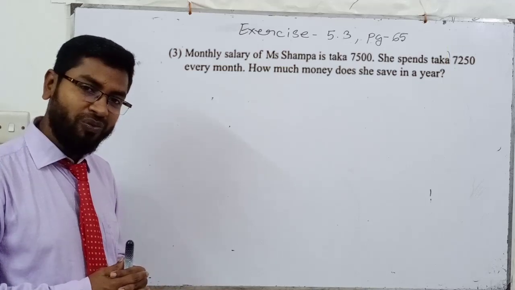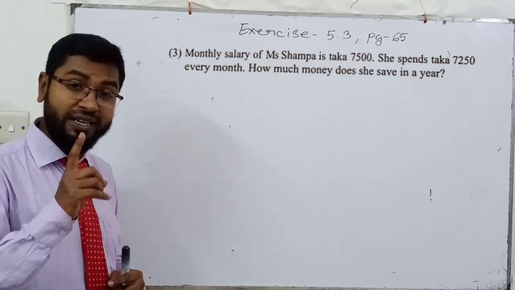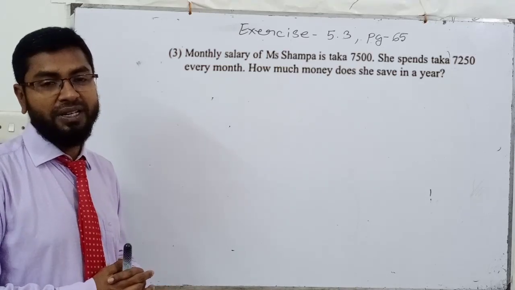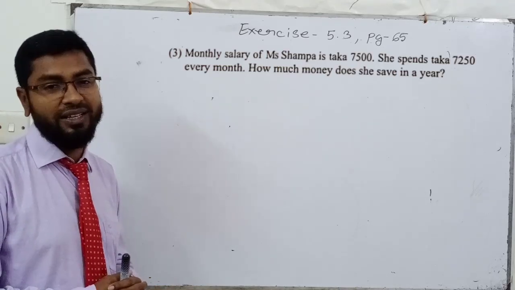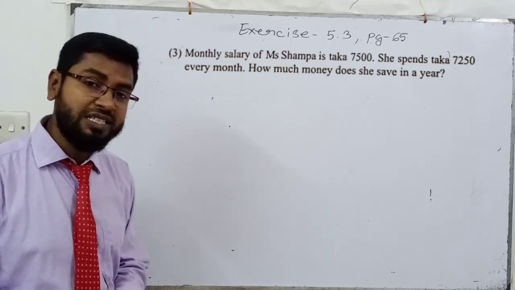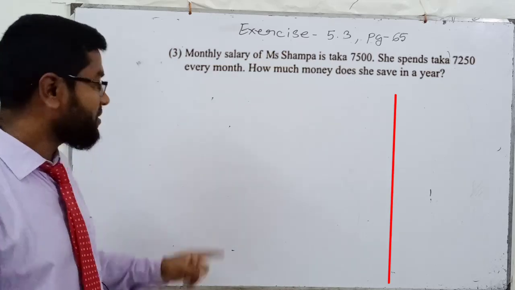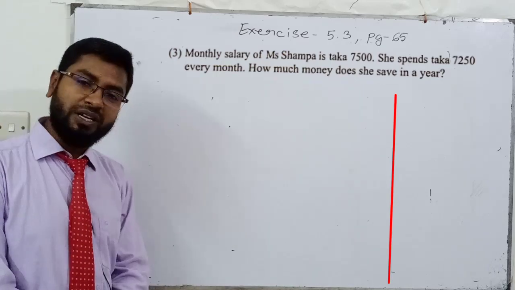Now, what should we do? What should we do for finding 1 year saving? Actually, we need to find out the monthly saving. For doing monthly saving, what should we do? Yes, you are right. We need to do subtraction.